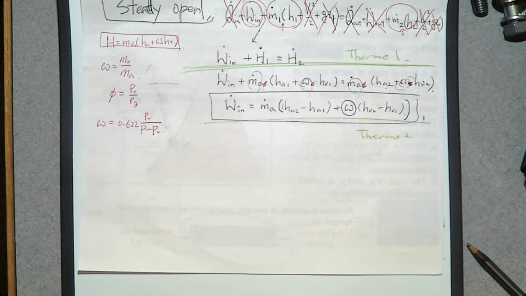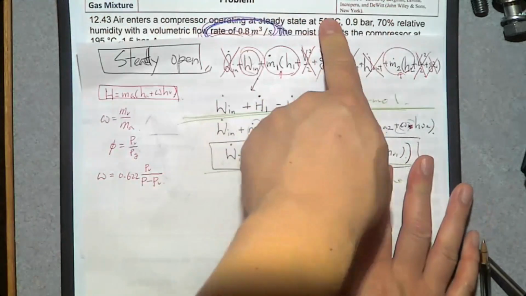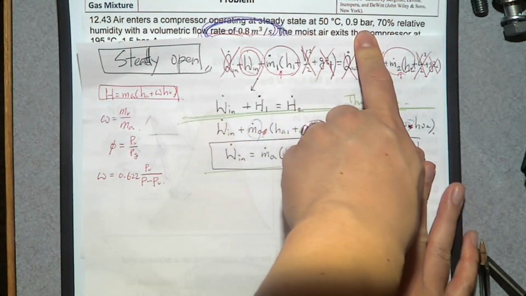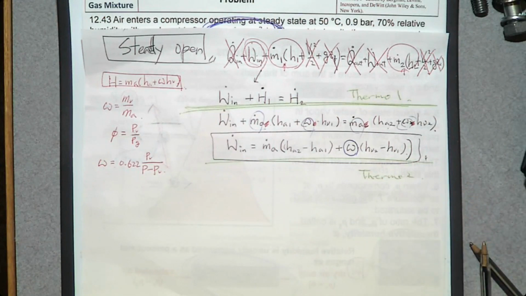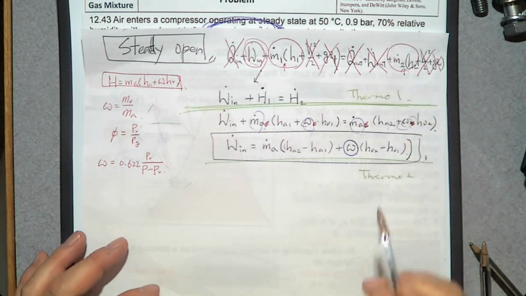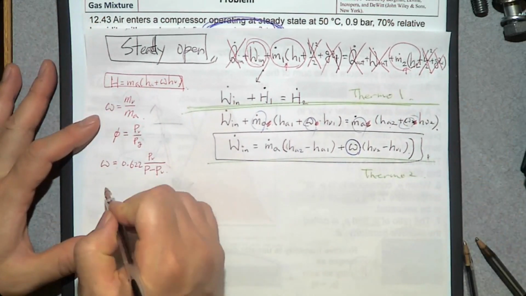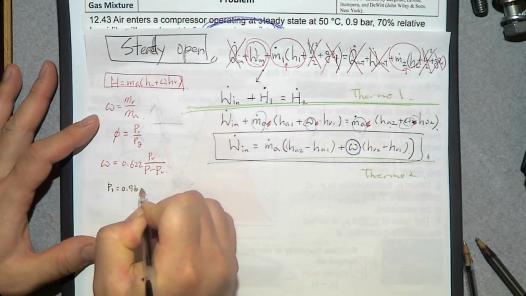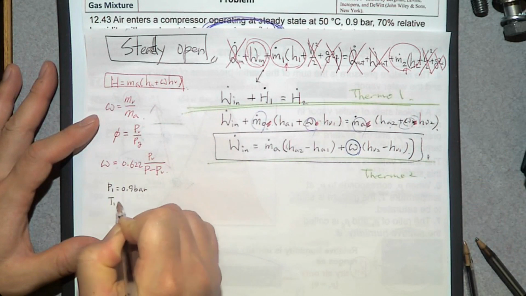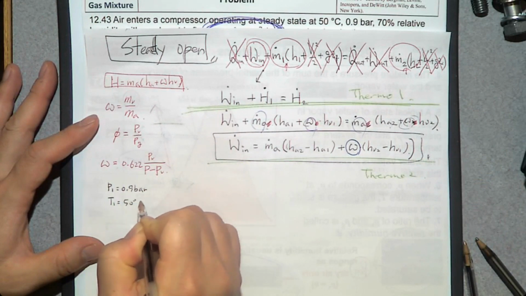Then, let's see, what information do we have? We know the temperature, pressure, and relative humidity. So let's analyze the inlet of this compressor. At the inlet of the compressor, we have P1, which is 0.9 bar, and T1, which is 50 degrees Celsius.